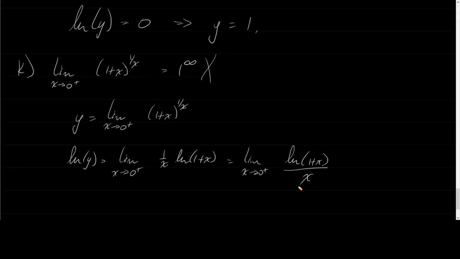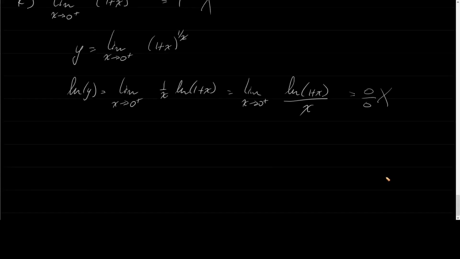All right. Now, at this point, I'm going to go ahead and apply L'Hopital's rule, all right? And I know it applies. How come? Because if I plug in the 0, ln of 1, 0. Plug in the 0 in the bottom, I end up with 0 over 0, which is an indeterminate form. We don't like that. So, L'Hopital's rule.